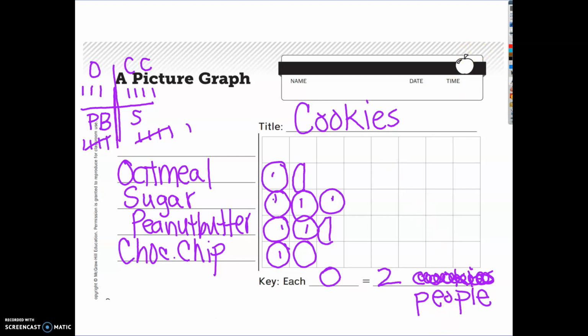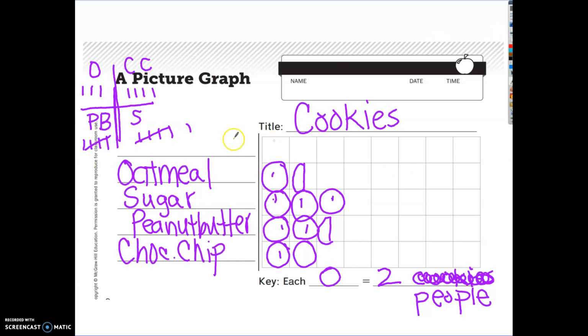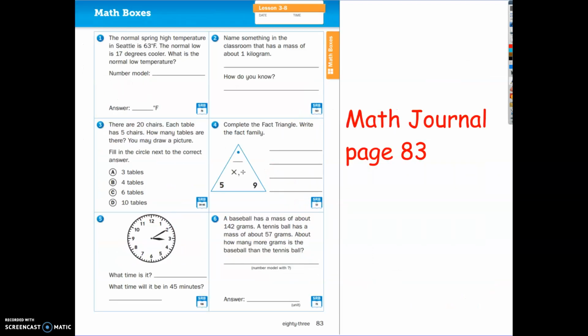So you are going to work on, let's go backwards a page, collecting and representing your data on a picture graph paper. You'll get a blank one, like the ones that I did, cookies. When you're finished with that, here's a MathBox page, MathBox page 83.